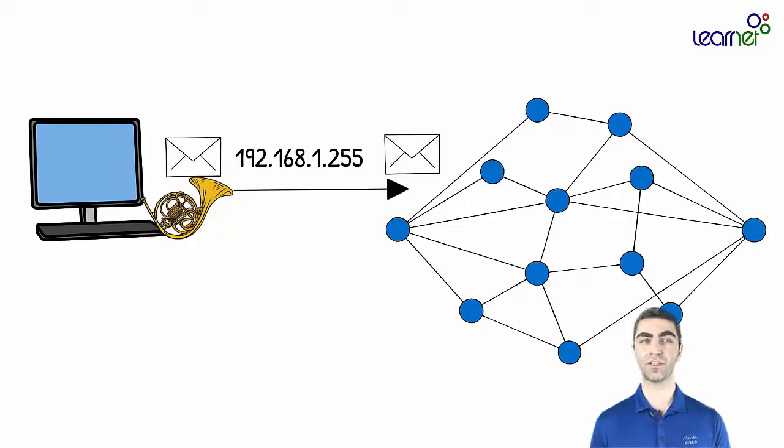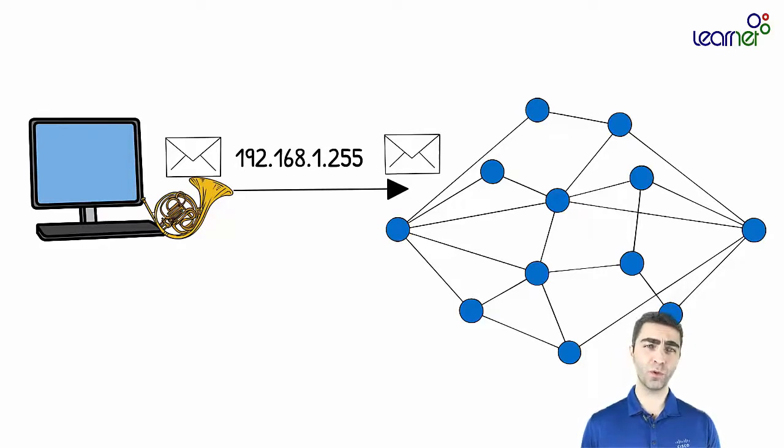And that address is reserved for broadcast messages. So whenever we want to send a message to everyone in our IPv4 subnet, we put that specific IP address in our destination IP address field. So everyone who is in my subnet can hear my message.